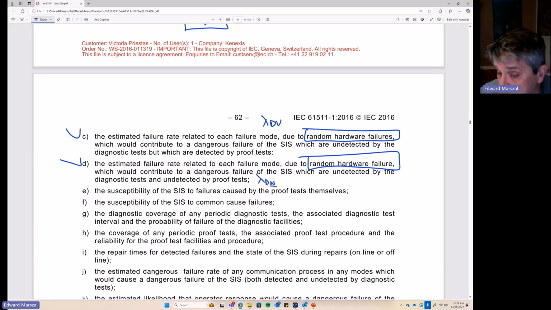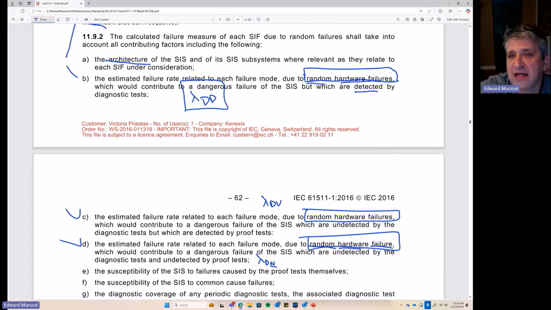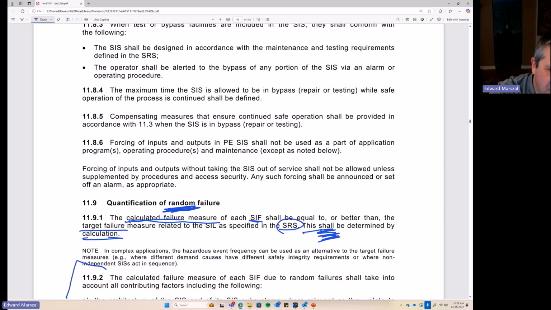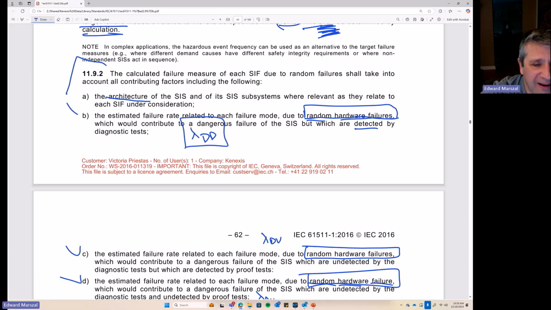So they're not detected by diagnostics and they're not detected by the proof tests either. So those lambdas I need, and those lambdas should not include human failure. They should only include random hardware failure. It says so 3 times, in addition to the random failure right up here in the title.